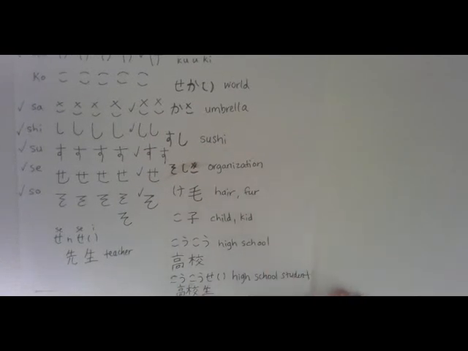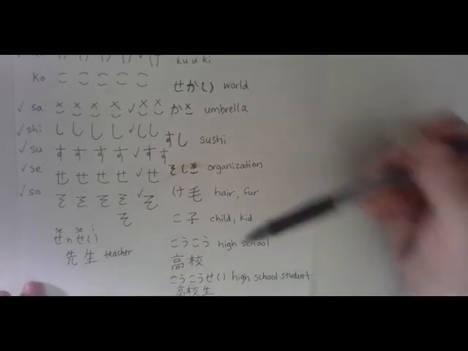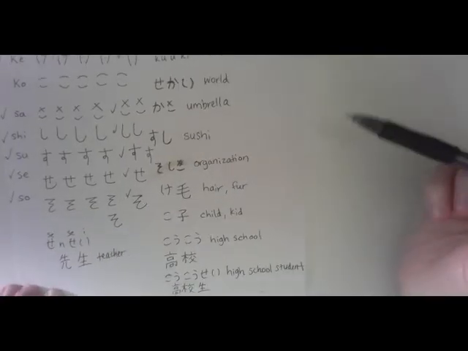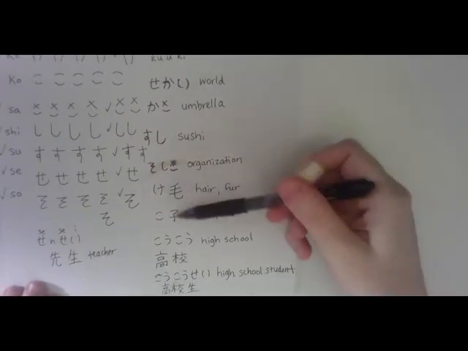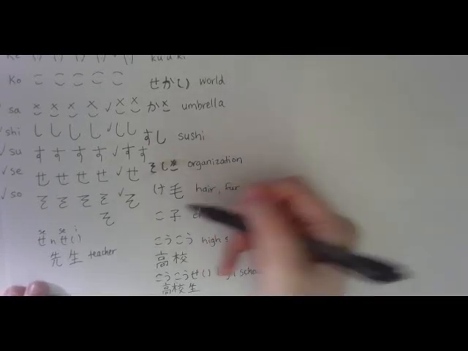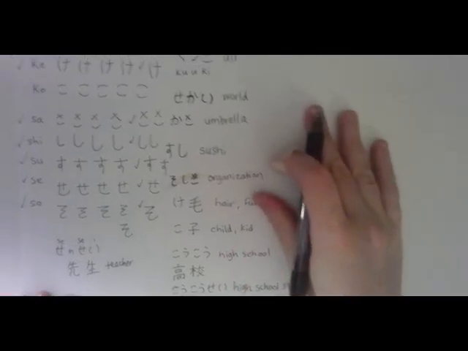Okay, next is ko. So ko can mean child or kid. And this is the kanji for child or kid. And ko is pretty easy to write. I'm going to mark it off here.